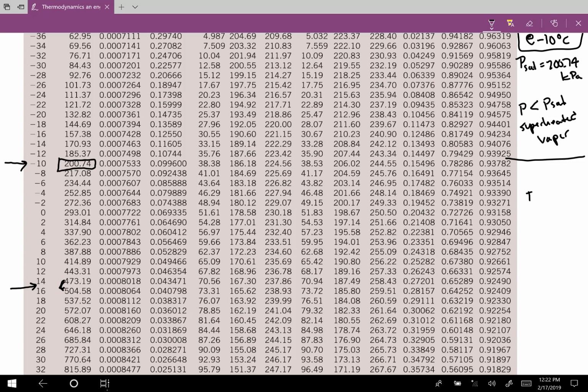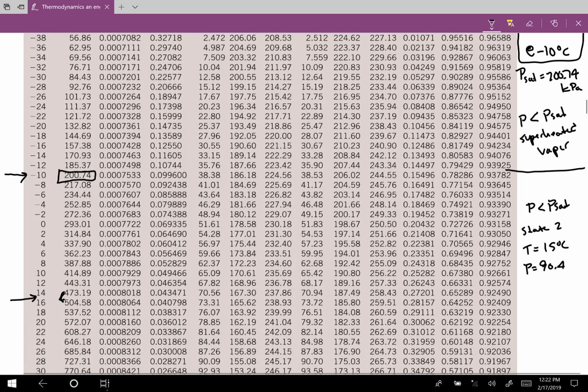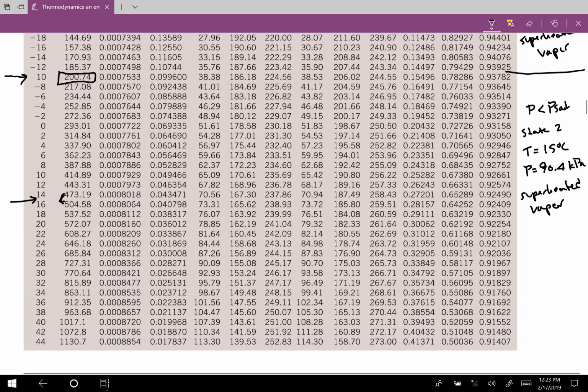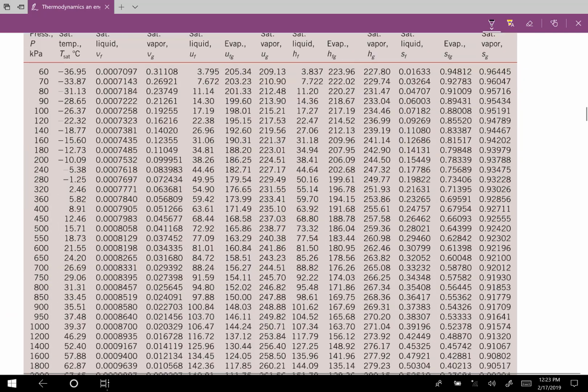So this means that P is still less than Psat. So at state 2, T is equal to 15 degrees Celsius and P is equal to 90.4 kilopascals. That means that we have a superheated vapor at state 2 as well. So both of our states are superheated vapor, and we need to look up our specific volumes on the superheated vapor table. So let's go to that table.